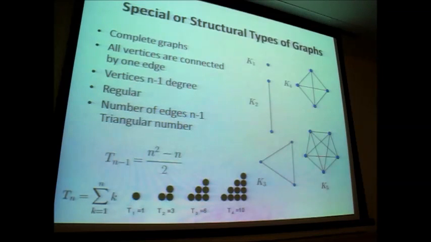So every complete graph, K5 for example, has the n-1 triangular number, which is 10, of edges. So this formula will give you the number of edges for the complete graph. So you never have any more edges than that? Well, not on a simple graph. On a multigraph, if you allow multiple edges, then it goes to infinity.